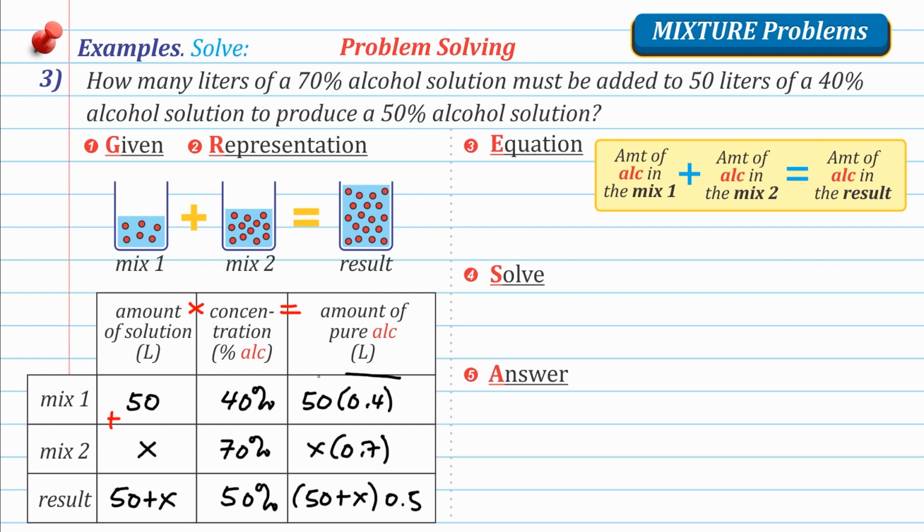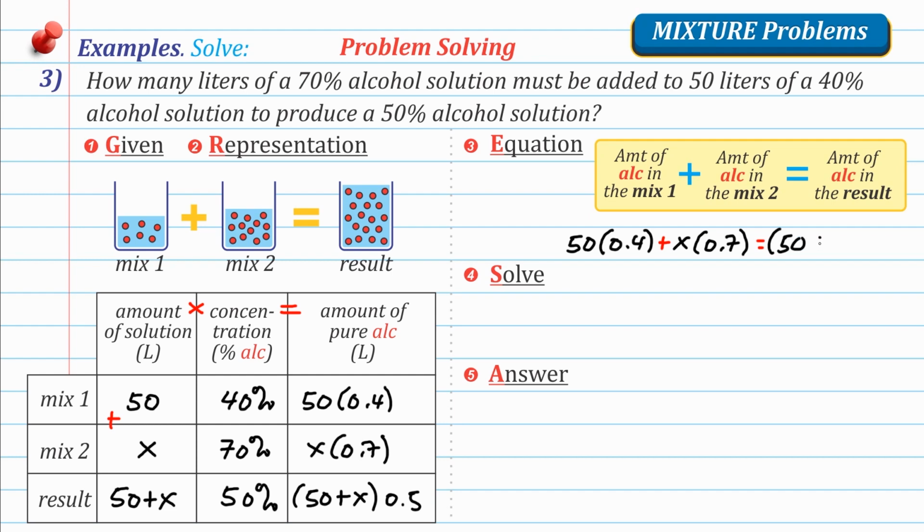Substituting the values, practically, it's just the third column. So, amount of alcohol in mixture 1, we have this one. Let me copy. 50 times 0.4 plus we have the amount of alcohol in mix 2, which is this one. We write X times 0.7. The result should be the last cell there.